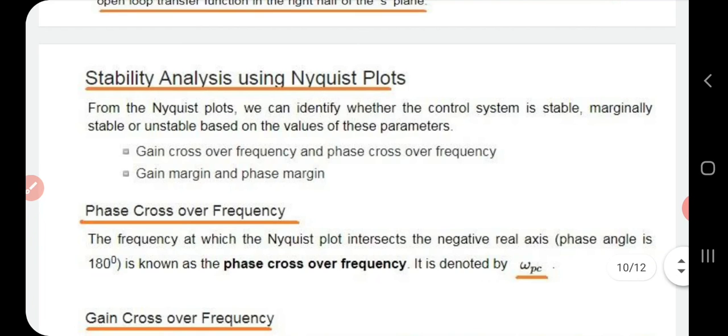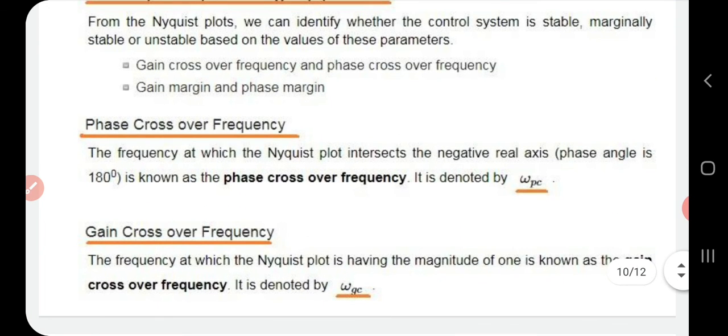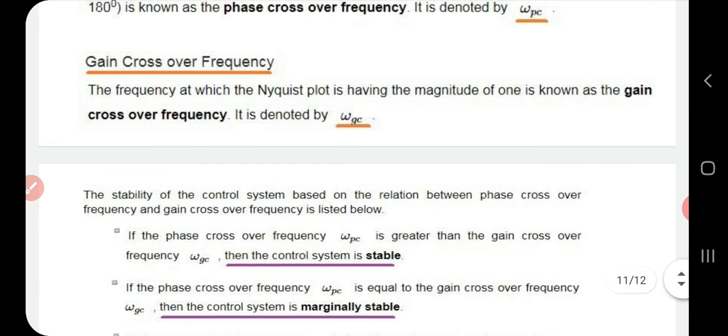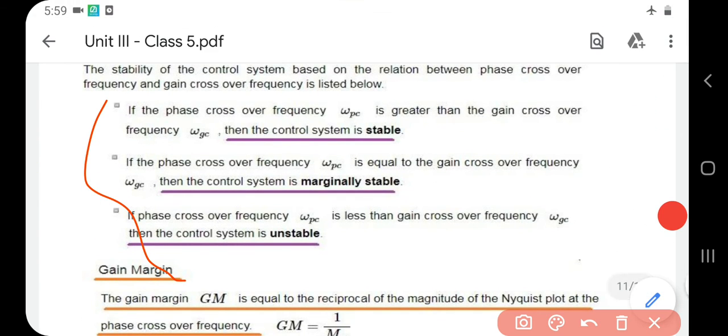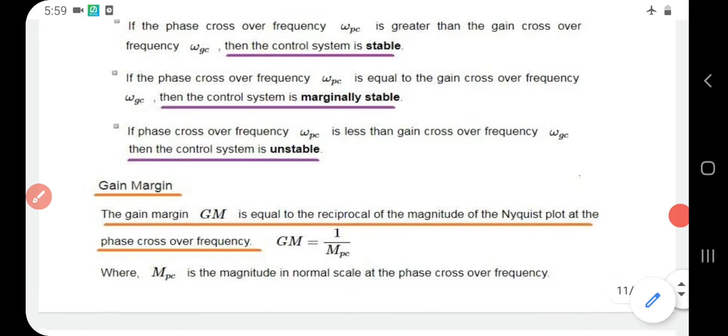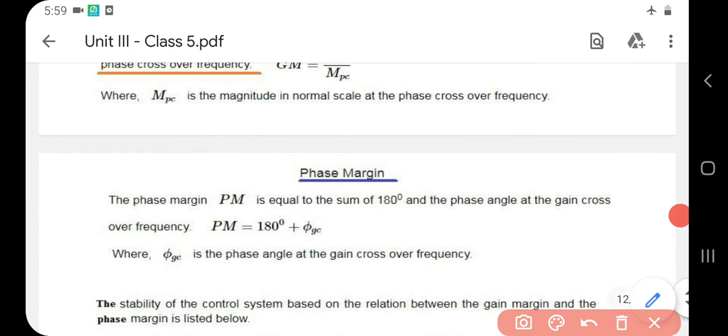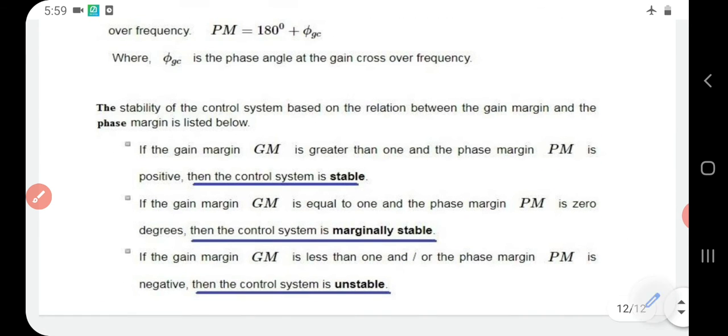Then we are explaining the stability of a control system based on phase crossover frequency and gain crossover frequency. Then you are explaining the stability of a control system based on gain margin and phase margin. These are the conditions.